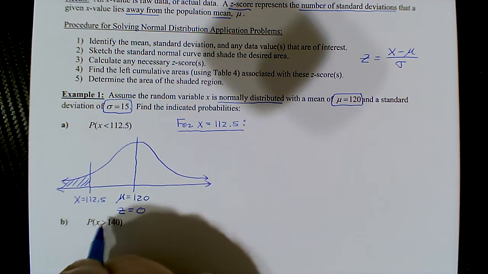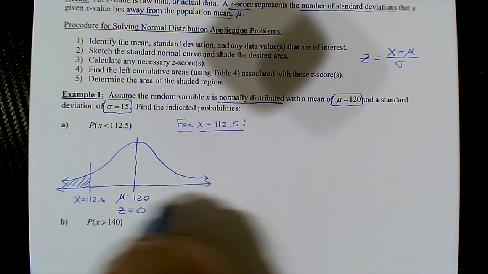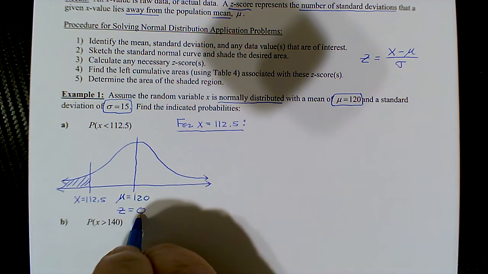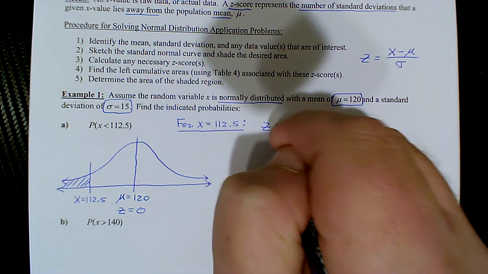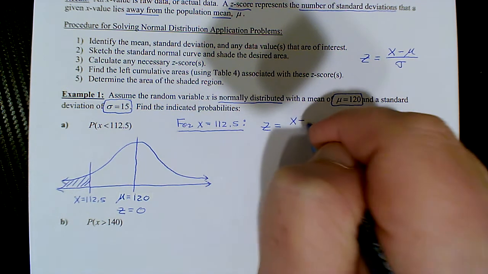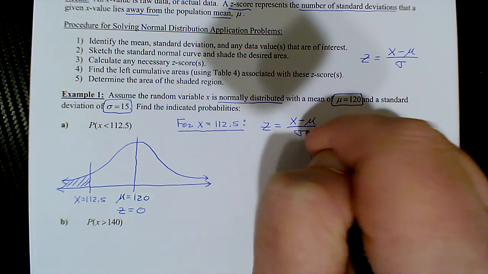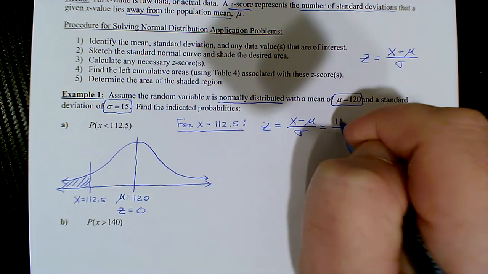Now, some people will draw a separate distribution. I just put the z's right below the x's, okay? So I know the z-score for the mean is 0, and now I calculate a z-score for 112.5. So again, the formula, x minus mu over sigma. In the future, I won't be writing that. We'll just go right to it.